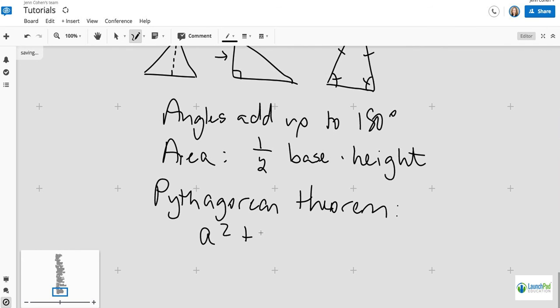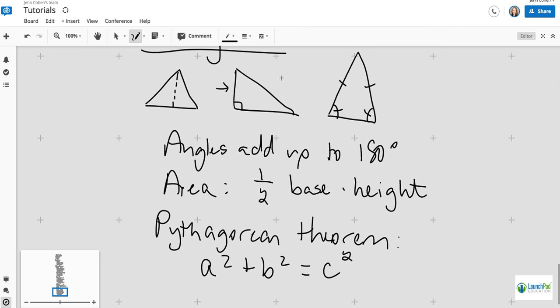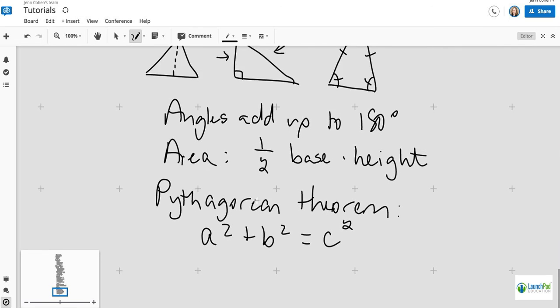It is a squared plus b squared equals c squared, where a and b are the legs of the triangle and c is the hypotenuse. The hypotenuse is the side opposite the 90-degree angle. So on this triangle, it would be that particular side. And then the legs are the other two sides.